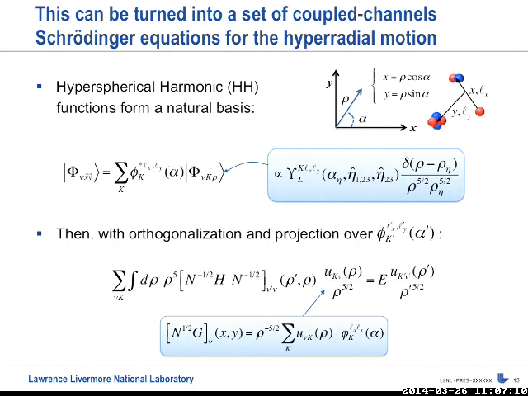So I make the ansatz of using hyperspherical harmonics, and rather than looking for the G that I showed before, I look for these hyperradial amplitudes, and this is the basis on which I expand.